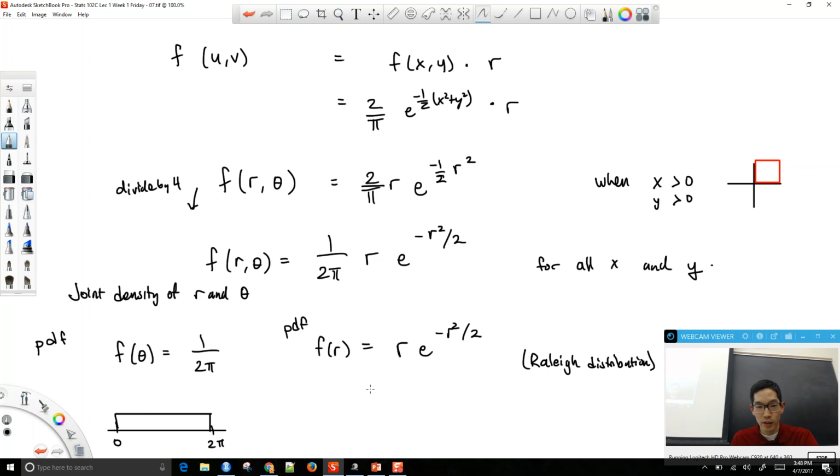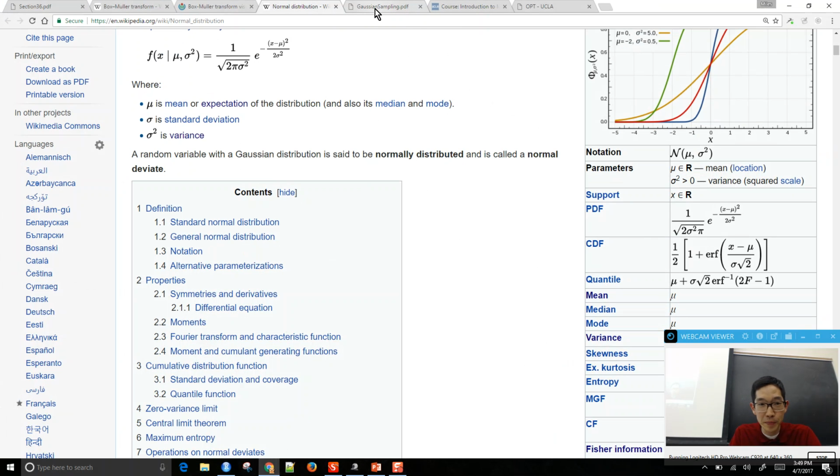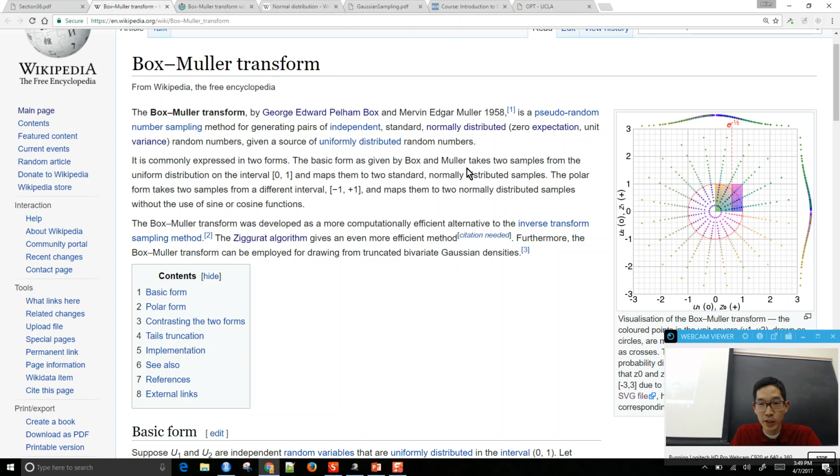So the distribution of the angle is uniform, and this part has a Rayleigh distribution. Let me just kind of show you this picture here for the Box-Mueller transform.